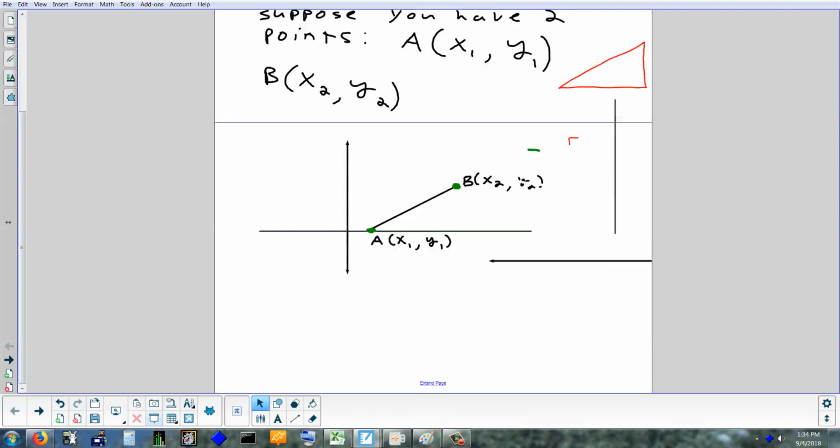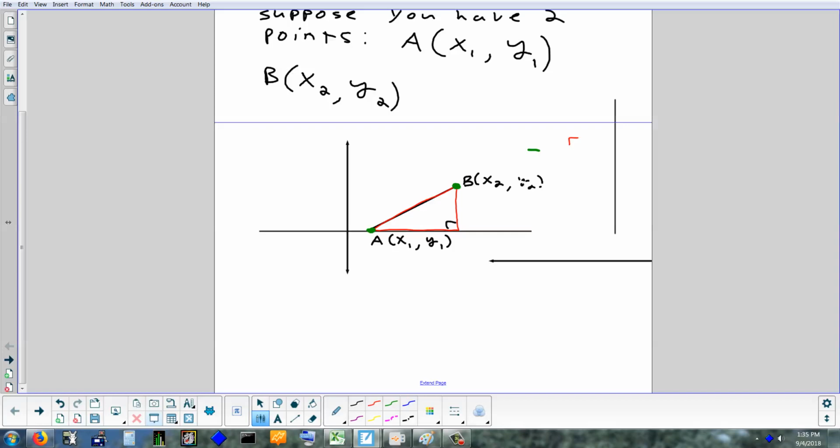Specifically, I'm going to make a right triangle, which I have right there. The line segment AB is the longest side. Tristan, do you remember what the longest side is called? Hypotenuse. Yep, very good. So the goal is to find the hypotenuse.